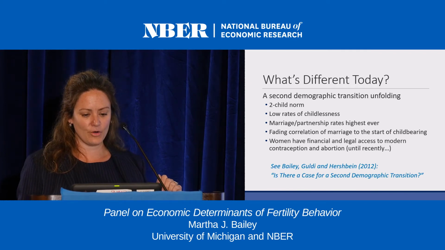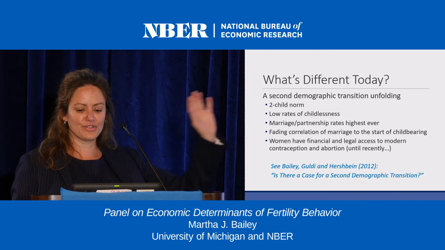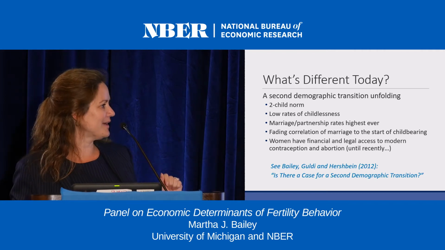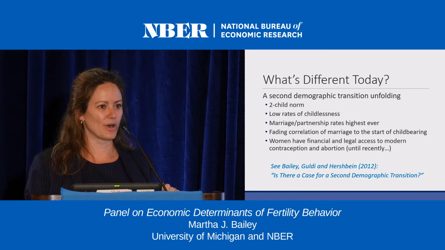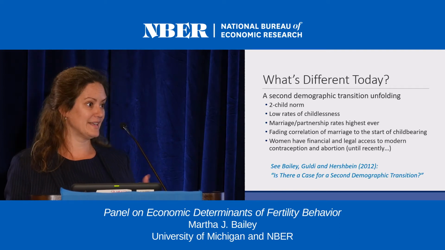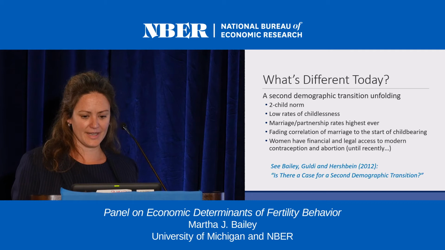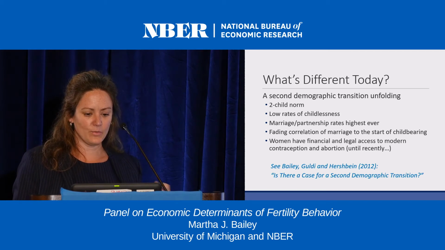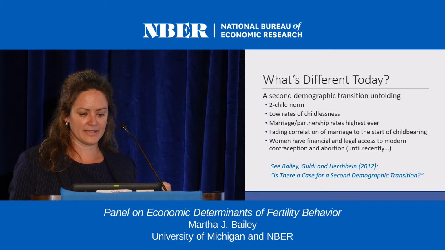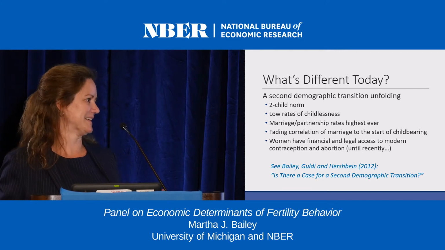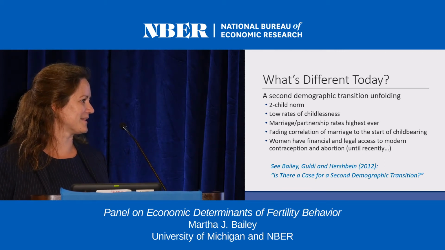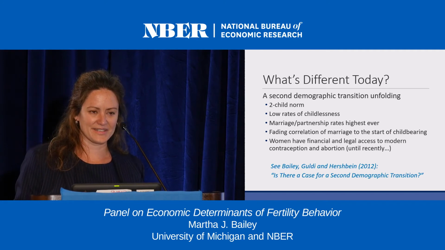And there's a fading correlation of marriage to the start of childbearing. It's not completely irrelevant, especially for more educated women, but it's just not very predictive anymore. People are having children in and outside of marriage as they like. And women today had financial and legal access to modern contraception and abortion until recently, where this is changing a bit, and that's something that Caitlin Myers is going to talk a little bit more about.